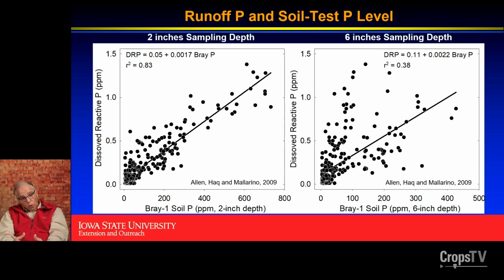But all states have been using for the P index things like 6 inches, because that's the same depth that we use for crops. Now, if you look at these graphs, be it the 2 inches or the 6 inches, you see that near zero, and between 0 and about 20, 30 parts per million, all the points are all over the place.